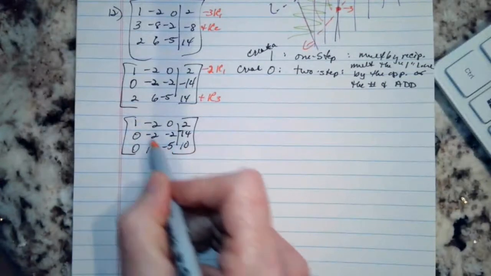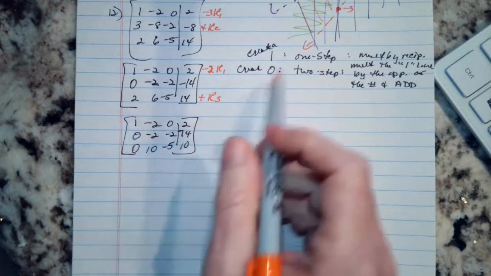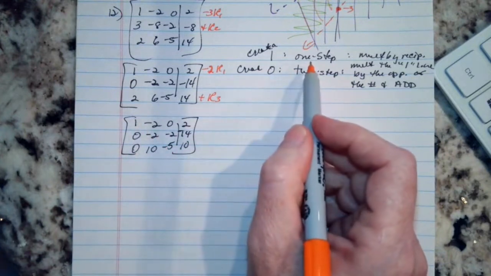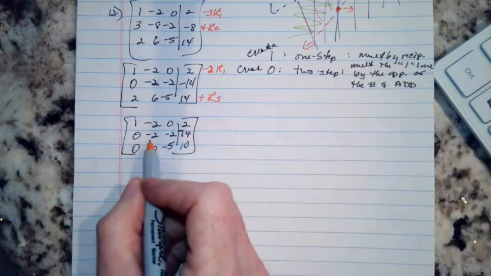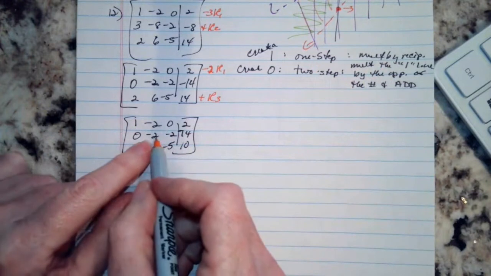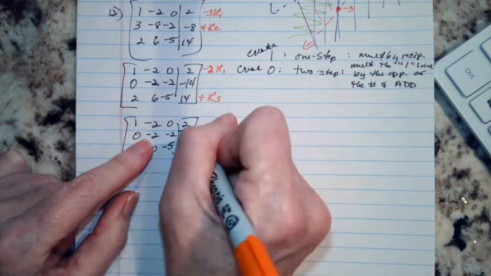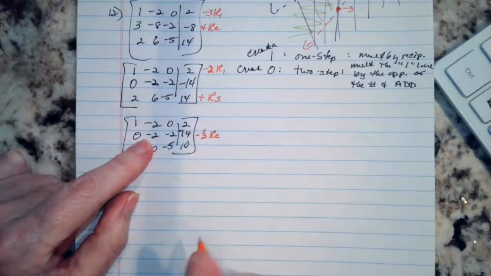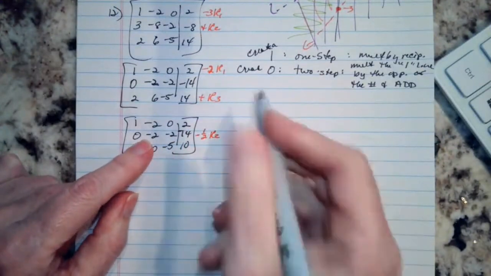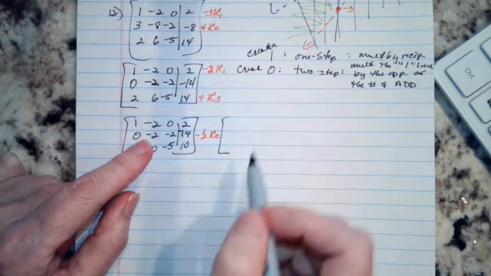Now we want to work on this 1, making this guy a 1. Whenever you're trying to create a 1 in that diagonal line, that's a one-step process: multiply by the reciprocal. So we're going to multiply by the reciprocal of this guy, and that's a -1/2. So we're going to multiply -1/2 times row 2. It's just one step. Notice these others creating zeros were 2 steps.